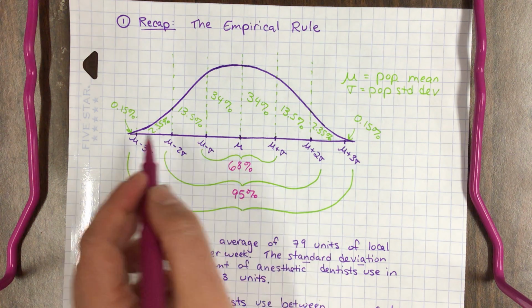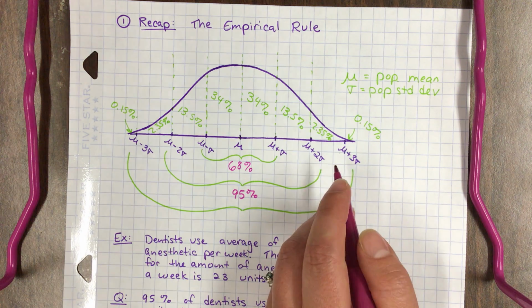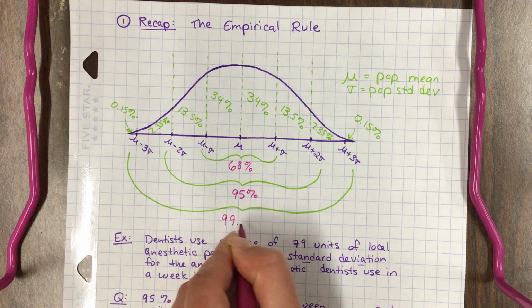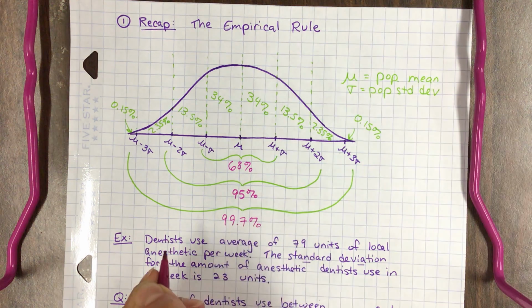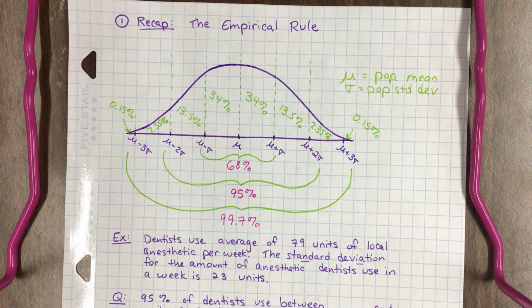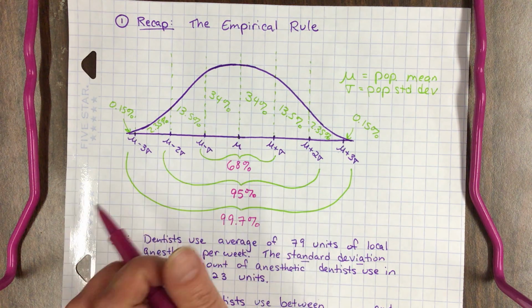And if I go from 3 standard deviations below to 3 standard deviations above, I'll grab 99.7% of the measurements in my data set. I'd expect only 0.3% of all of the measurements in my data set to be more than 3 standard deviations distant from the mean.